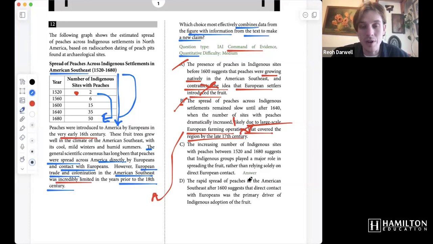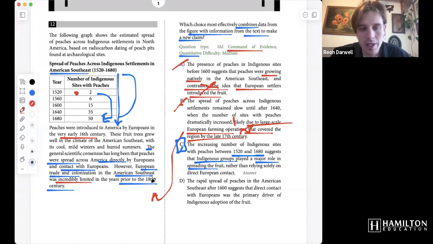Now, C, there's nothing wrong with it. We already described the logic here: this is all before the 18th century. Because this took place before the 18th century, we can say that indigenous groups themselves played a major role in spreading the fruit rather than relying solely on direct European contact. If they didn't have direct European contact but were spreading the fruit, it means they were doing it on their own.